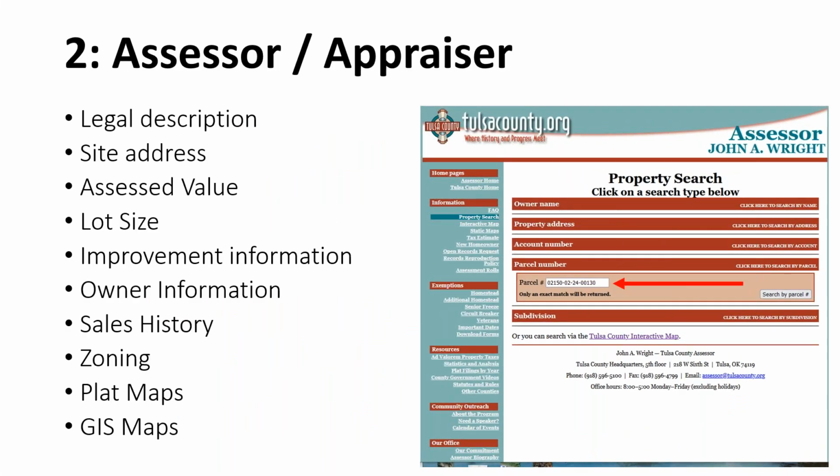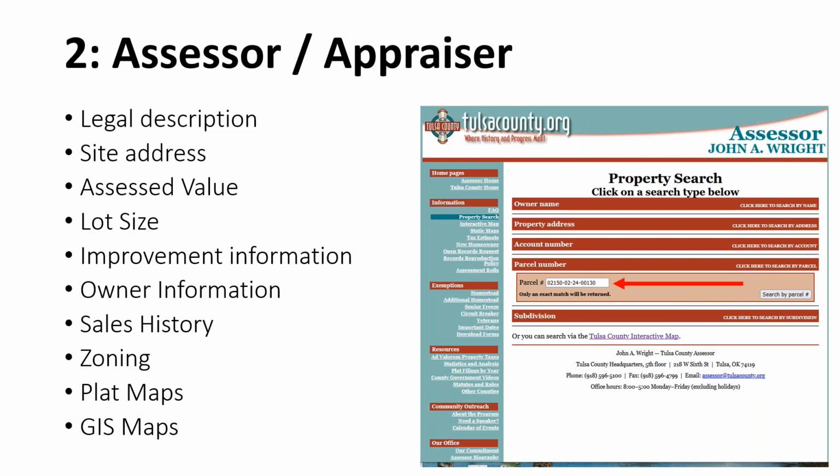Yeah. So once we had the list, we can go to the assessor section here, or in some cases it can be the appraiser. Here was the assessor, and we use the assessor's tools to pull up the property records associated with each one of the properties that were coming up for auction.